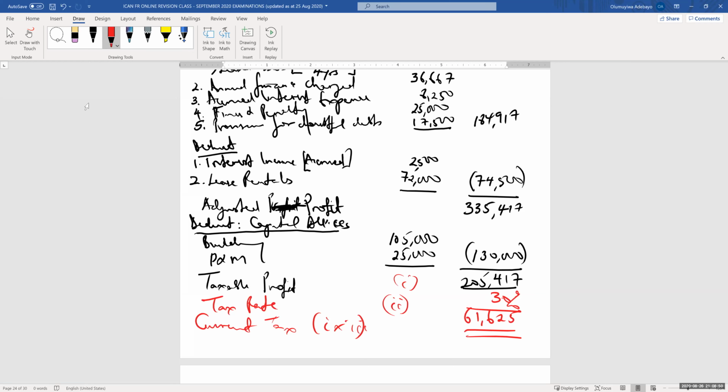Okay, thank you. Any other question? We have only attempted solving the A part of the question. The B, which carries the highest mark, says calculate the deferred tax liability as at the end of the year. Now, what do we need to do? What we need to do is the following.